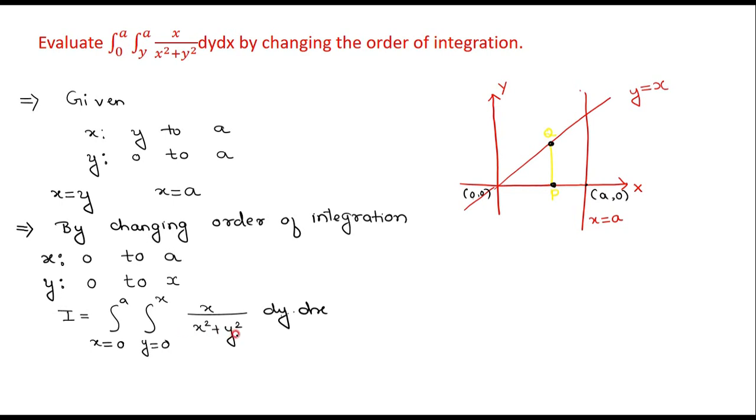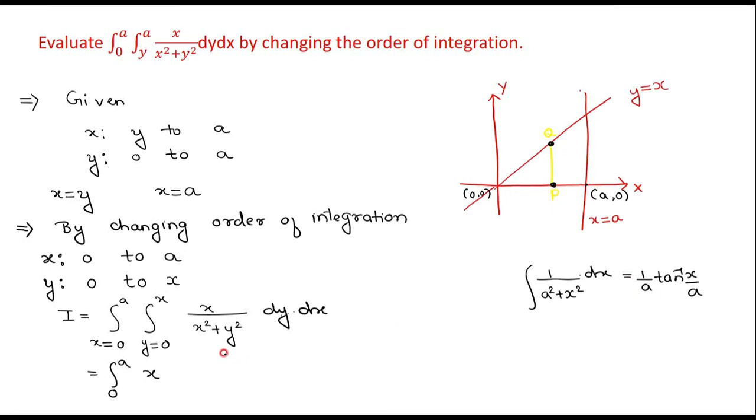Now we have to integrate first with respect to y. So therefore it is 0 to a. Note that with respect to y, x is a constant, so we'll keep it as it is. It is something like a constant square plus a variable square. So we have the formula integration of 1 by a square plus x square dx is 1 by a tan inverse of x by a.